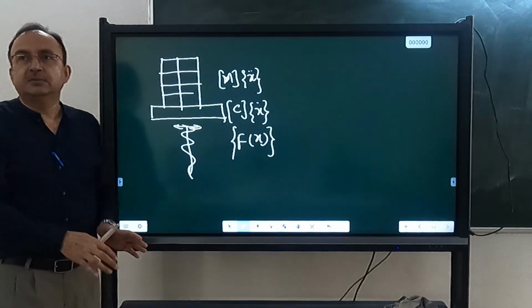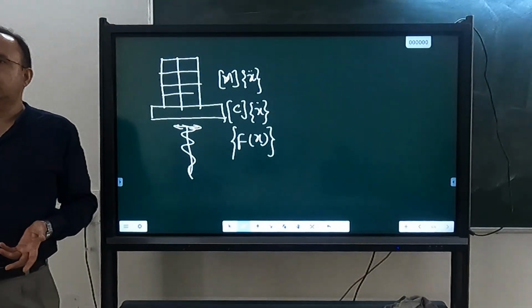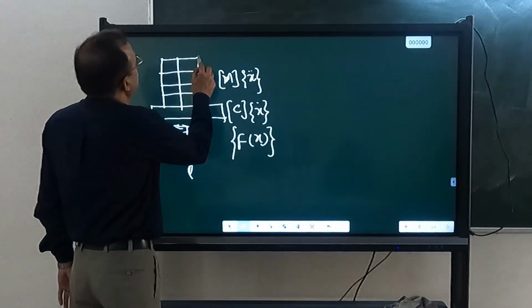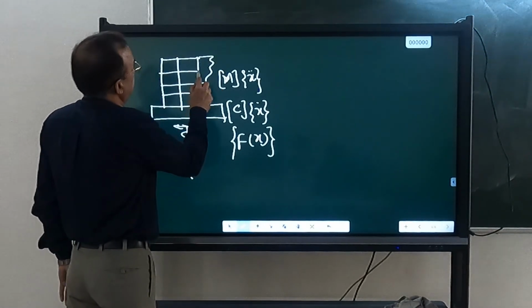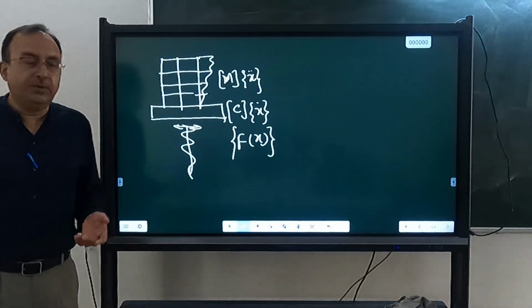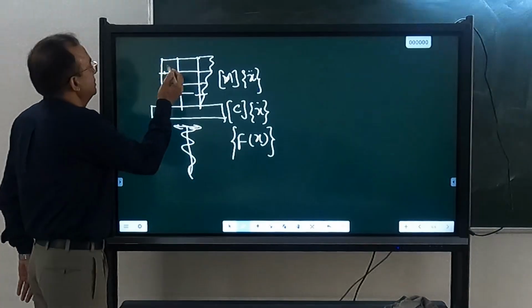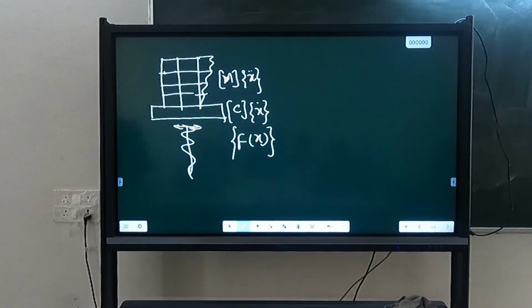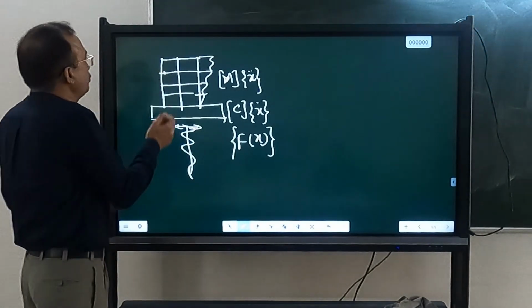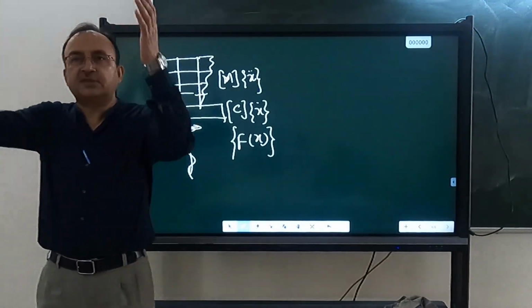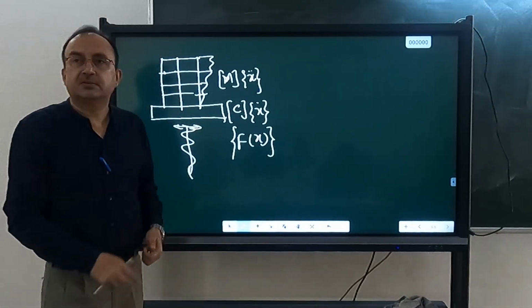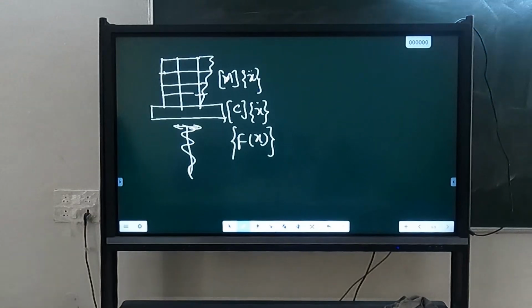Whatever m is here, it will be automatically considered. What are you trying to estimate? You are trying to estimate the displacement, so you will measure the displacement. If you are interested in bending moment or rotation, measure rotation. If you are interested in strain, measure strain. But you need not worry how to calculate m, because you have constructed your structure itself there. So whatever is m of the structure, that is simulated in the experiment.